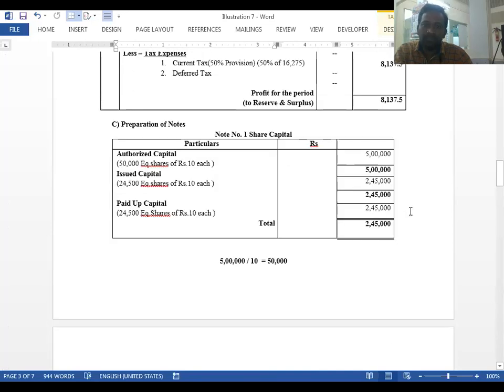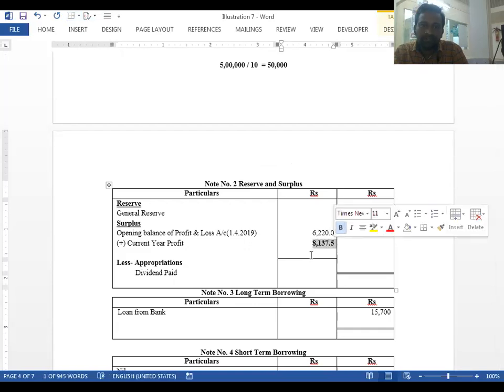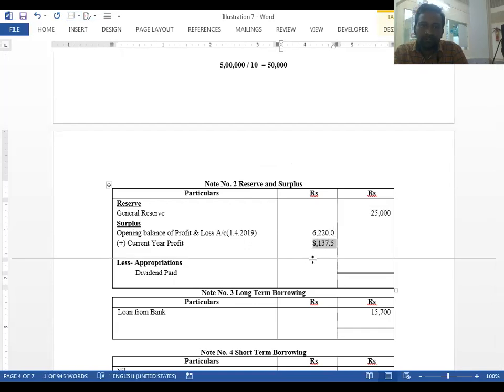This current year profit we also add in the opening balance. So total profit, 6,220 plus 8,137.